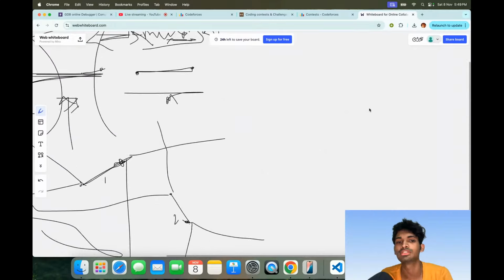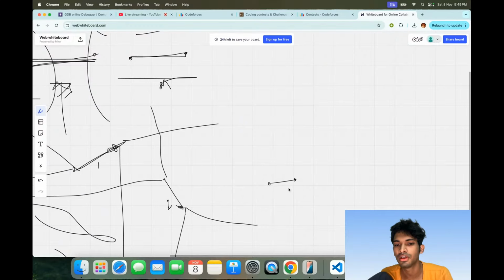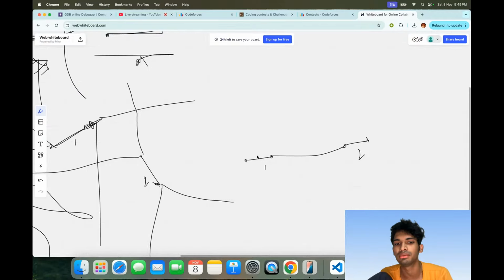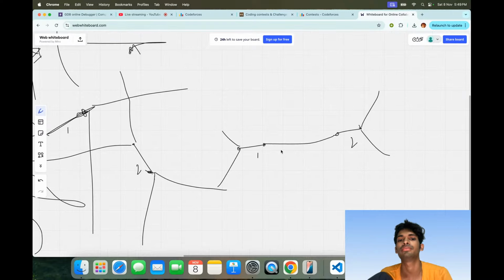Okay, so let's look at edge 1, edge 2. Let's look at the path between them. So you have this subtree here, you have this subtree here. These are edge 1 and edge 2.